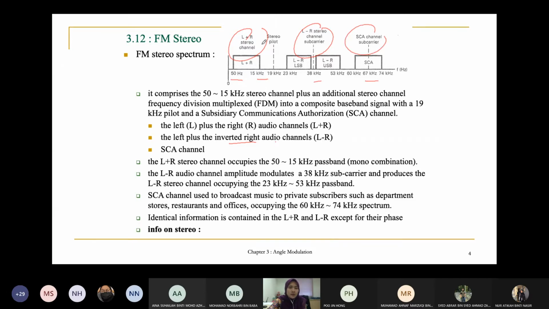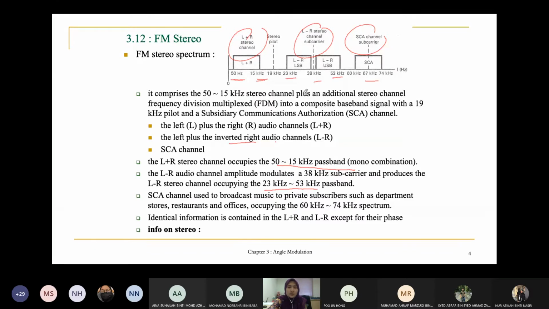The left plus right stereo channel occupies from 50 to 15 kilohertz. And how do we get the left plus inverted right? It is when we modulate a 38 kilohertz subcarrier, and then it will produce a stereo channel occupying between 23K until 53K.